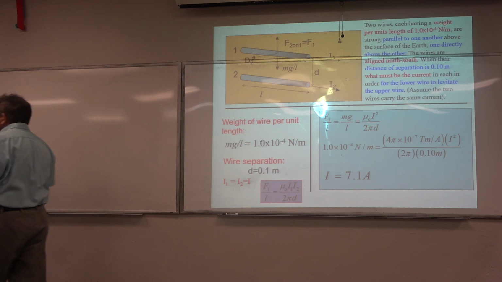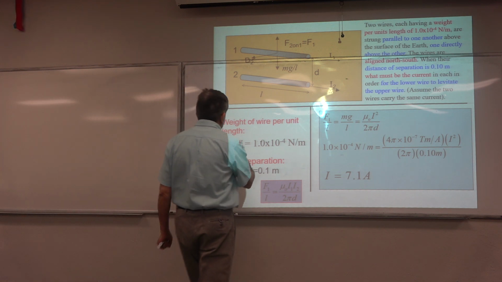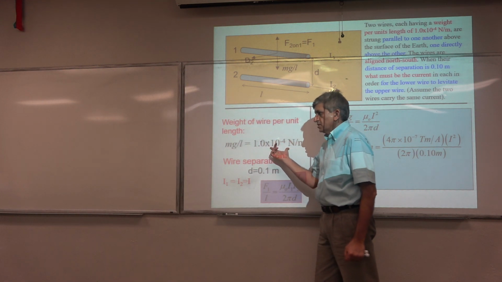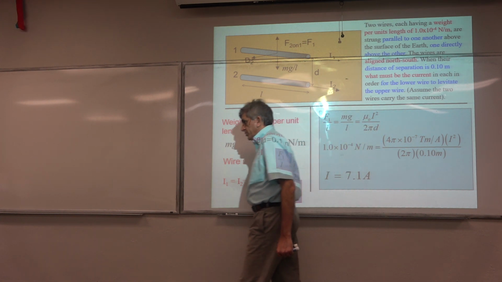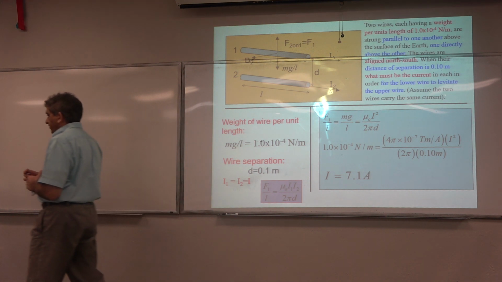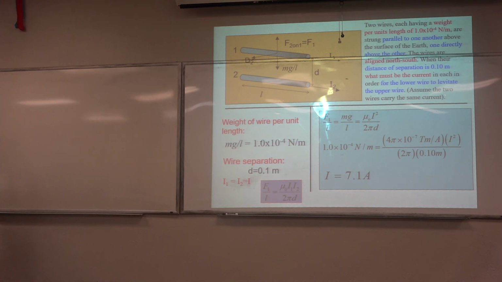Alright, so you are given the weight of the wire mg over L, and the wires are separated by a distance. The magnetic field is not needed at all, as you know.